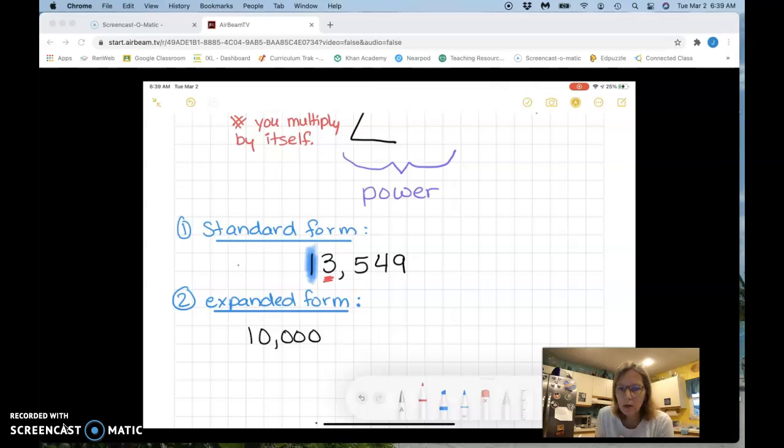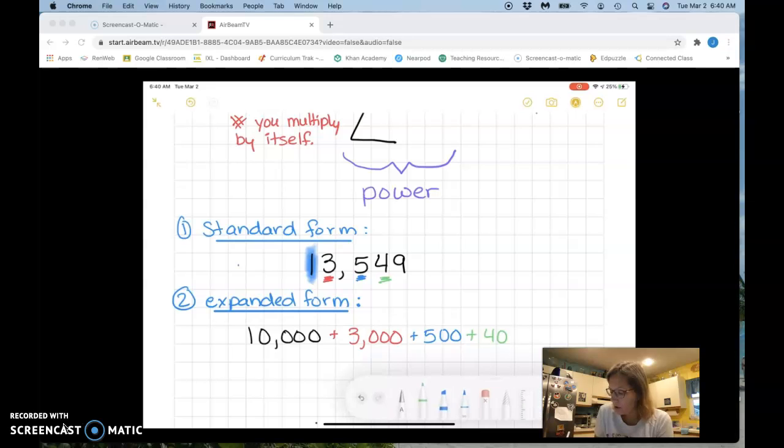I meant the 1 represents 10,000. The 3 represents 3,000, because it's in the thousands place. The next number, the 5, represents 500. The 4 represents 40 because it's in the tens place.